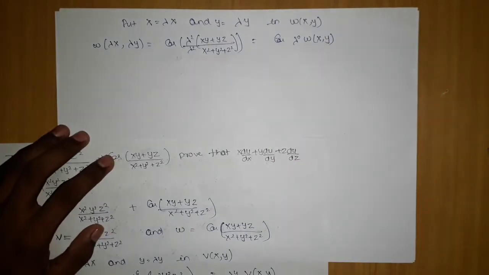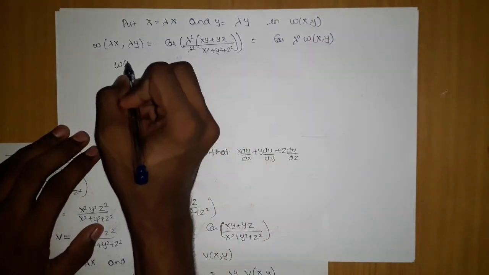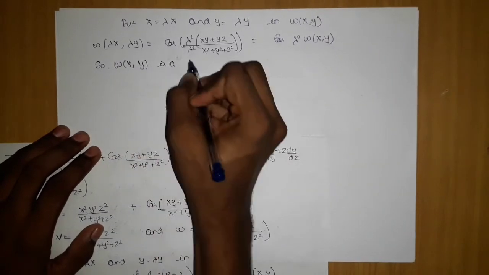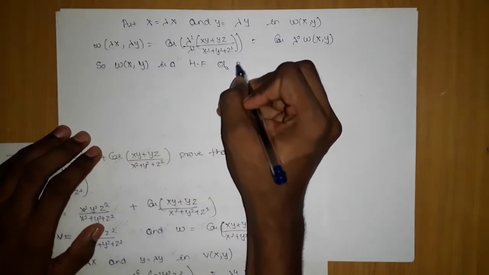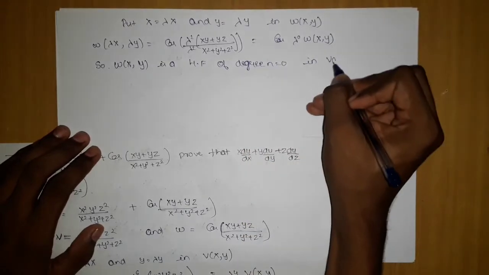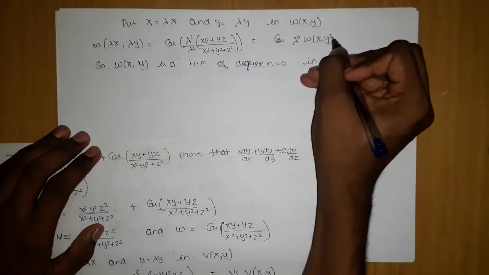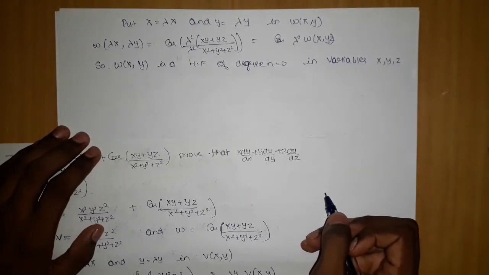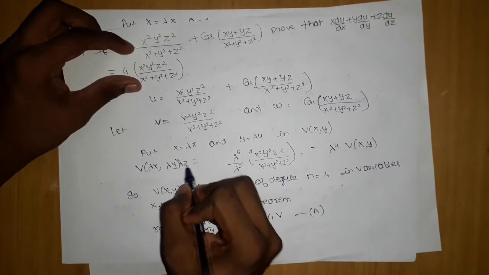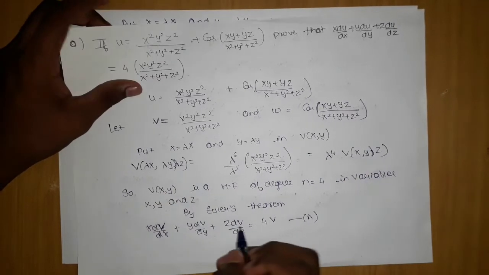Okay, now you will say w of x comma y is a homogeneous function of degree n equals 0 in variables x comma y comma z. Sorry, here x comma y comma z will be there, here similarly x comma y comma z. I think I made a mistake, so correct it.